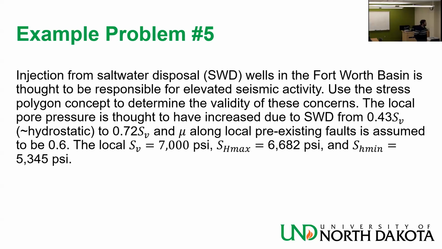The local pore pressure is thought to have increased due to SWD from 0.43 SV, hydrostatic, to 0.72 SV, and mu along the local pre-existing faults is assumed to be 0.6. The local SV is 7,000 psi, SH max is 6682 psi, and SH mean is 5345 psi.